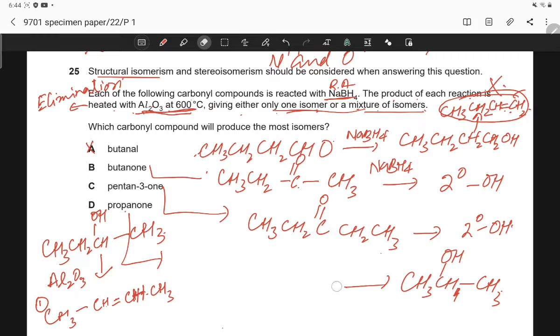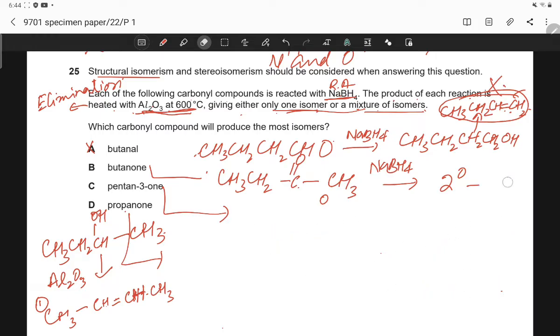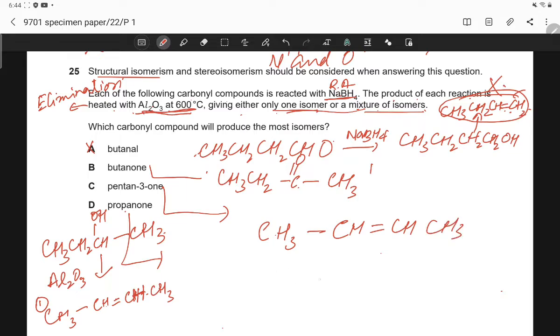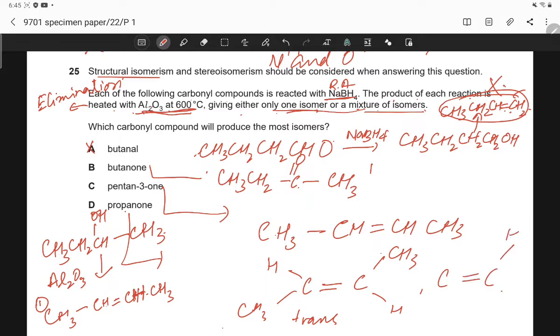So look at this. This is cis, CH3, CH double bond CH, and CH3, H, CH3, CH3 and H. This is the trans isomer, and C double bond C, H. This is the cis isomer.